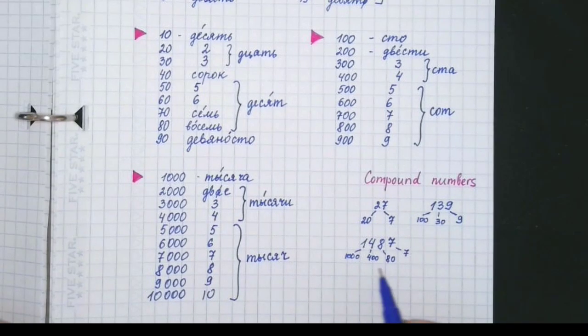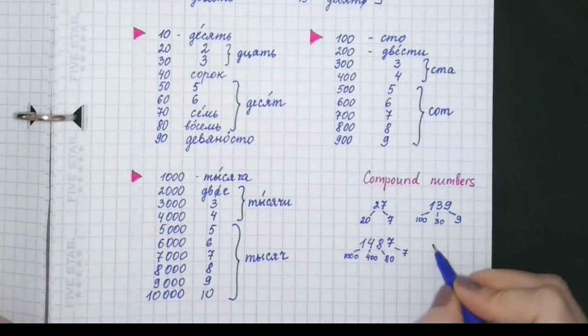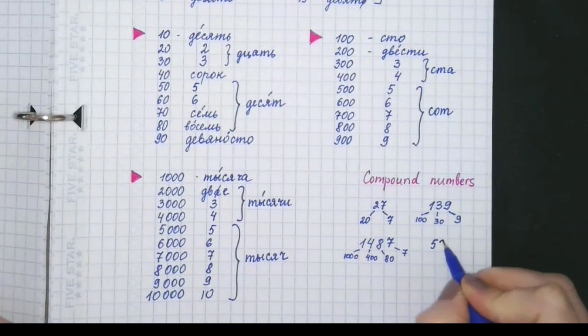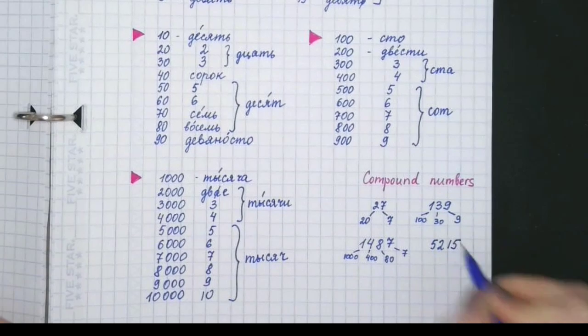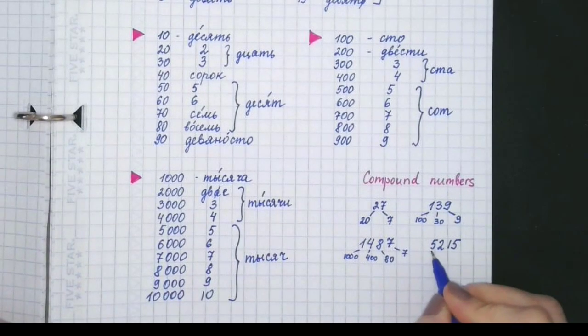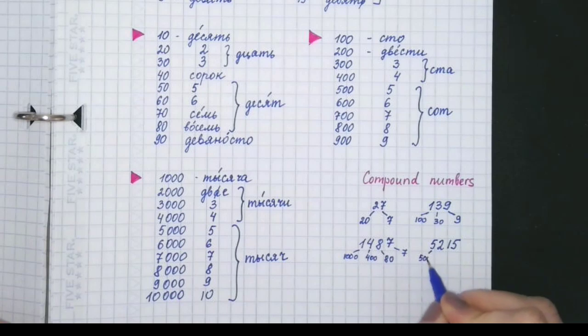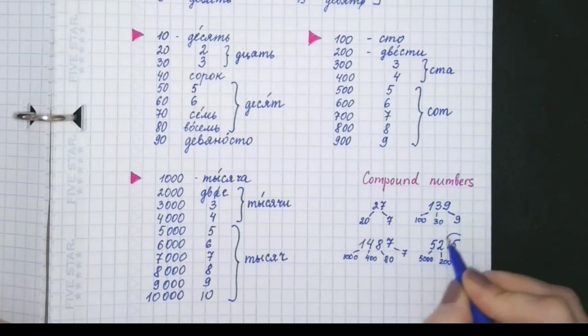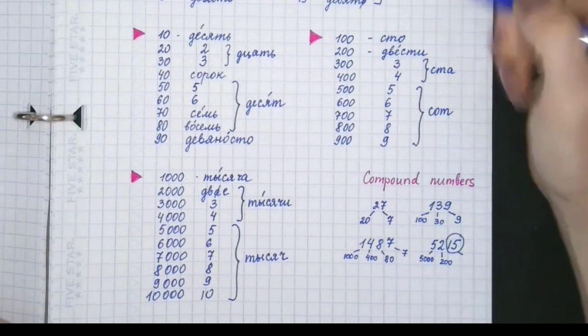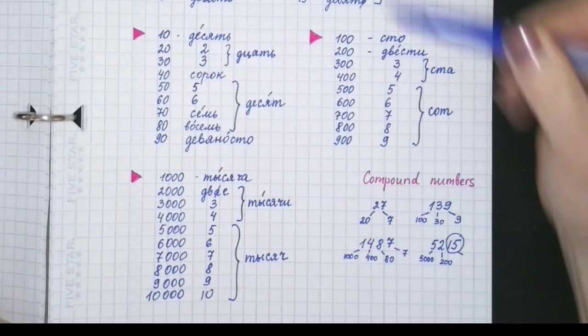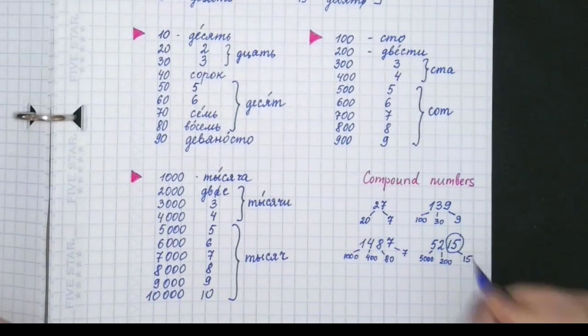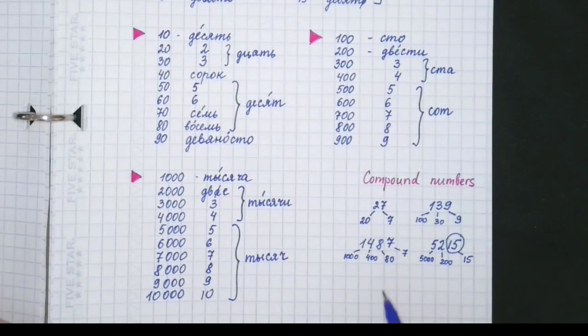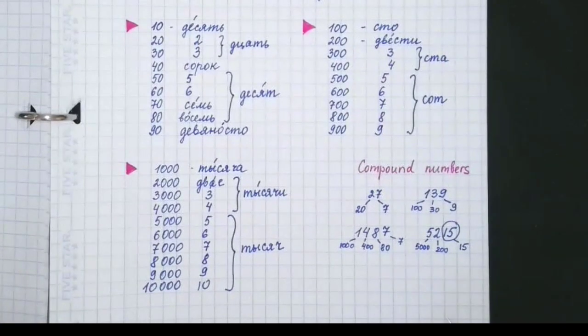Please note if you have a number something like this, you will again pronounce the full number here, 5200. But since this one is a full number here, we'll pronounce it as a full number. 5215.